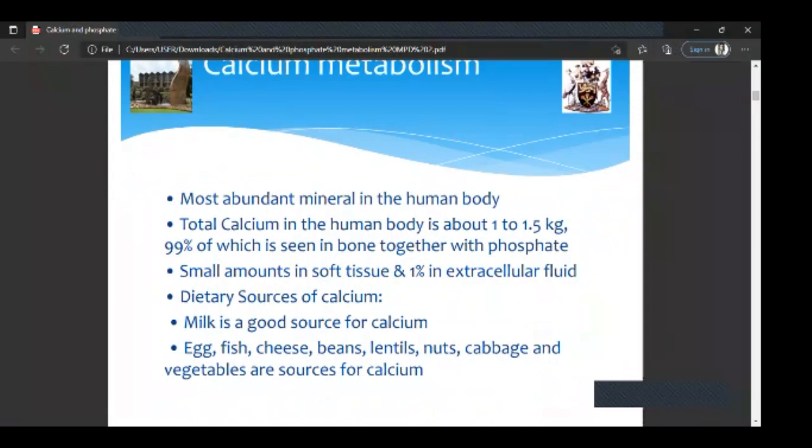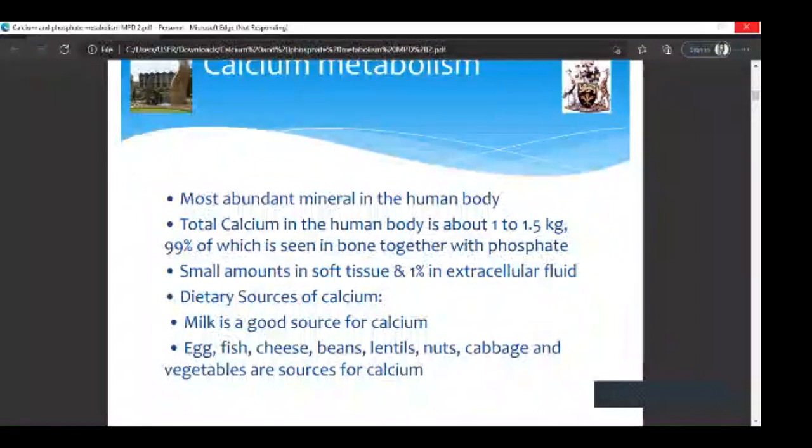So usually you cannot separate calcium from phosphate. When you break down calcium from bone, you also will lose phosphate from bone. So the levels will actually change. So what remains is a small percent in soft tissue and about 1% in the extracellular fluid. And this is why it has to be under tight control.